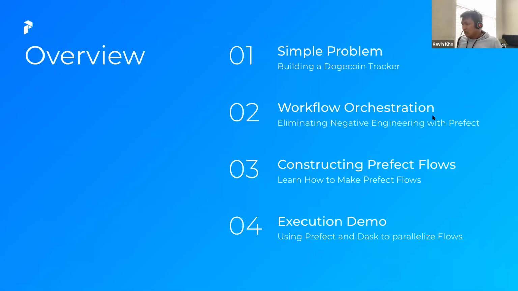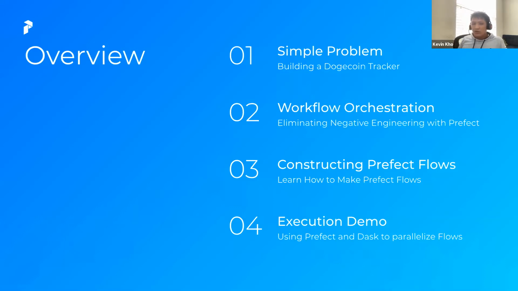So for today's talk, just a quick overview of what we're going to go through. First, we'll build a simple Python script where we're going to be tracking the price of Dogecoin. And then we'll talk about the potential pitfalls of that simple script, like what happens when it fails and why it can possibly fail.